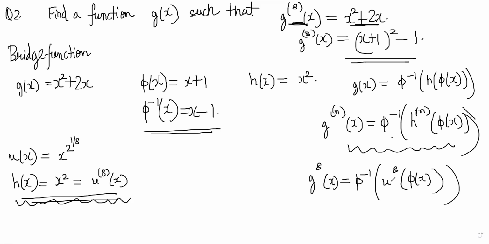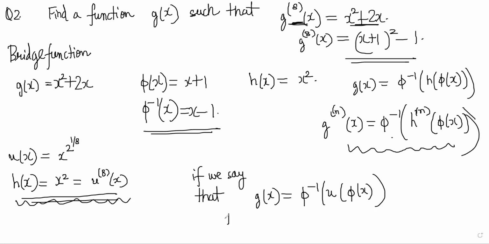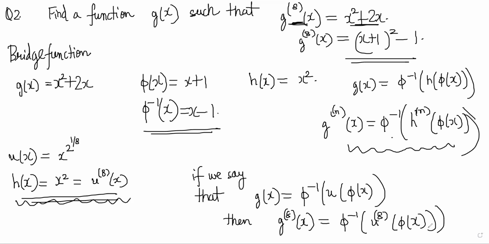So this happens if and only if we can define, if we say that g of x is equal to phi inverse of u of phi of x, then g of 8 of x will be equal to phi inverse of u power 8 of phi of x, right?